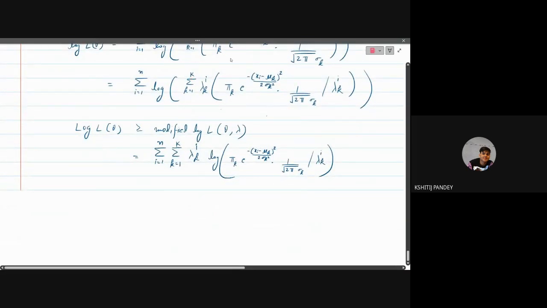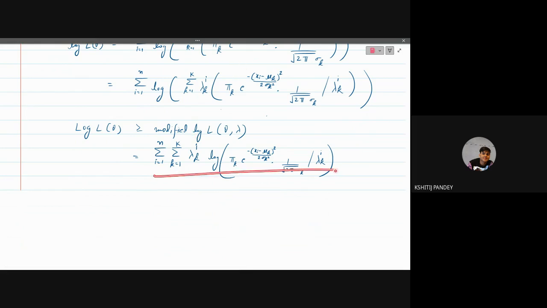Now the good thing about this modified log likelihood function is that we can find the parameters from this. That's the good part.